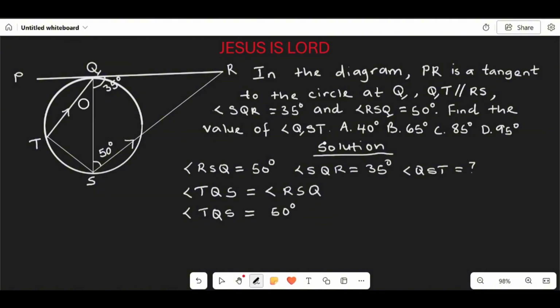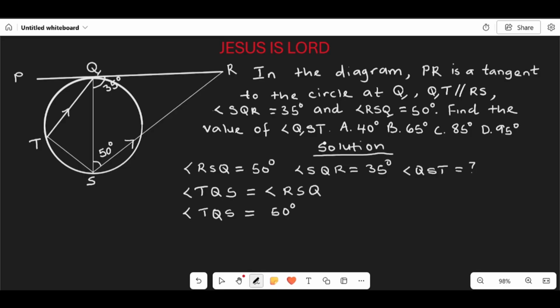Let us find our angle PQT. Our angle PQT, TQX and XQR are angles on a straight line, and angles on a straight line add up to 180 degrees.